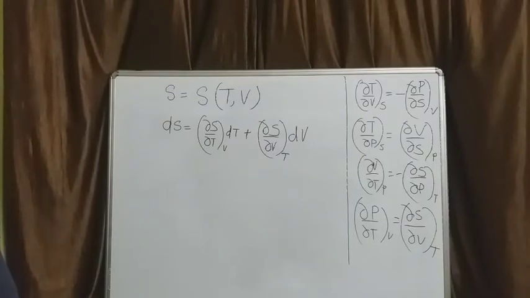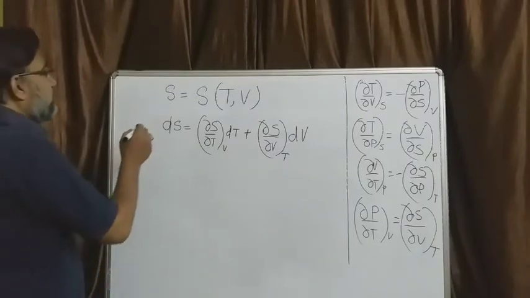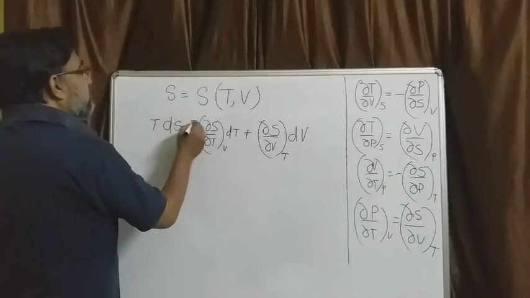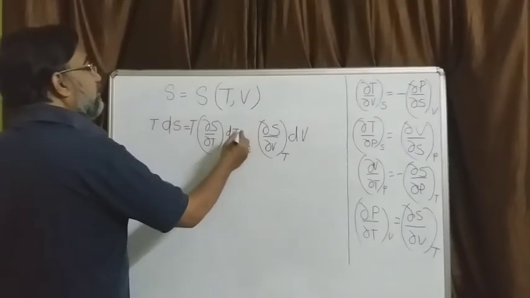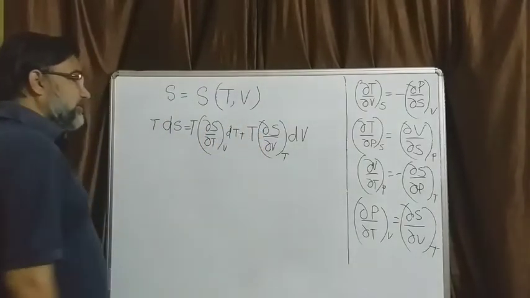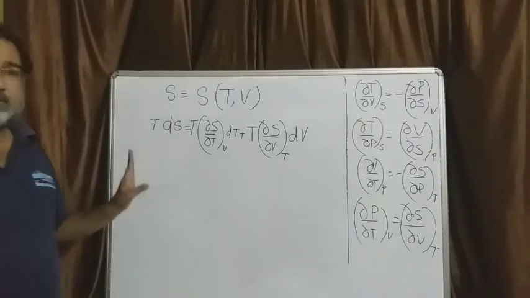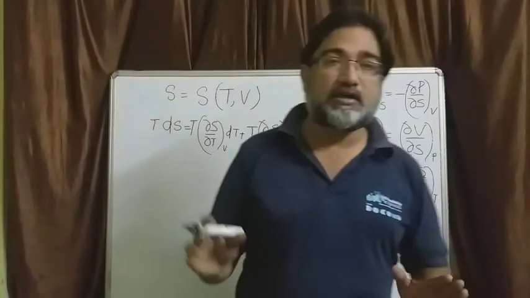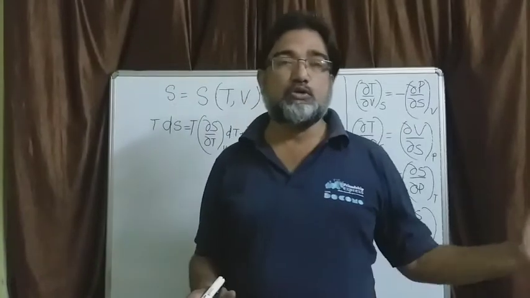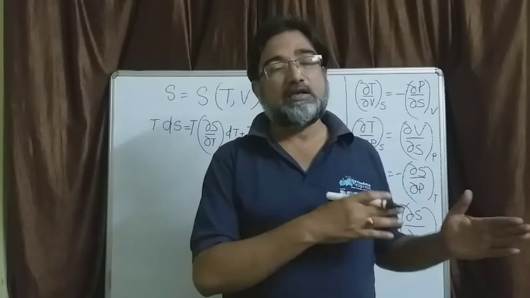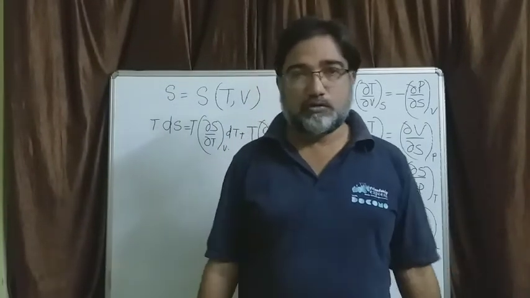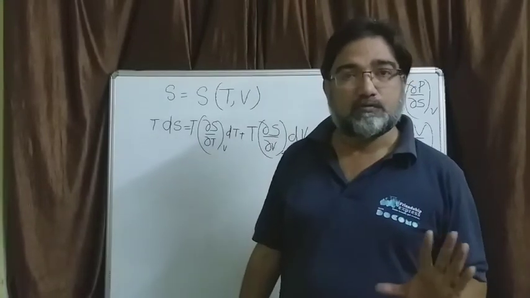Okay, what you do, you multiply t everywhere. In all the terms, I multiply t. It makes no difference. In an equation, there are three terms, one on the left hand side and two on the right hand side, and I multiply t everywhere. So it doesn't affect the equality of the equation.